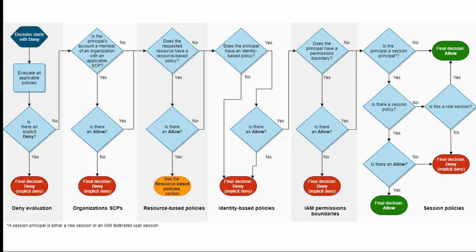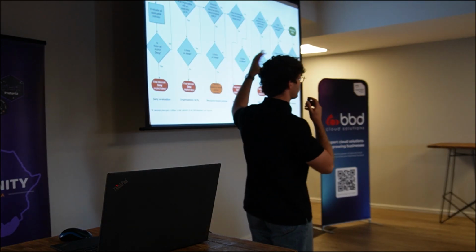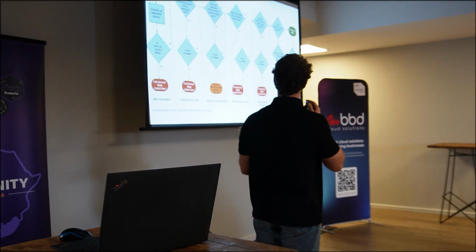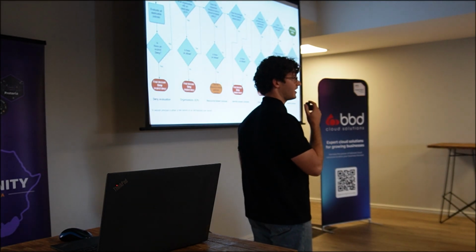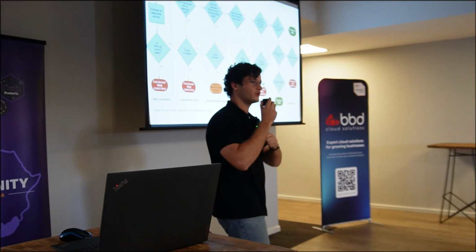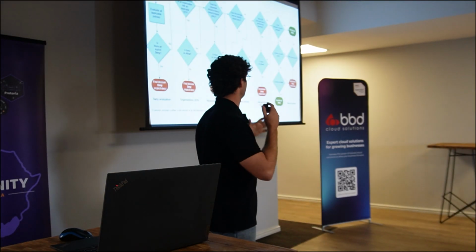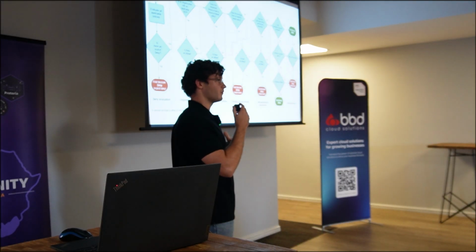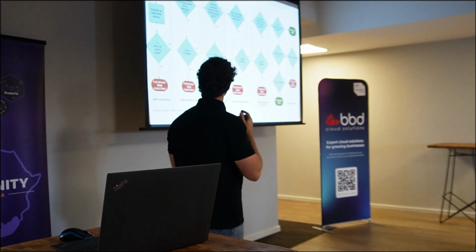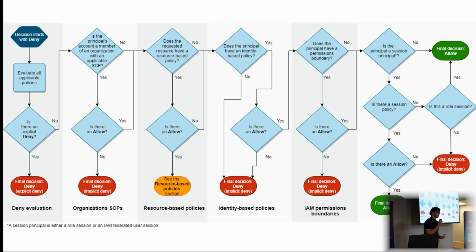The evaluation flow that I'm talking about is this diagram right here. Now, for now, I don't want you to think about the squares and the arrows. I really need you to grasp the steps or the stages. So when a call is made from one point to the other, IAM evaluates via these stages or steps. The first being a deny evaluation.